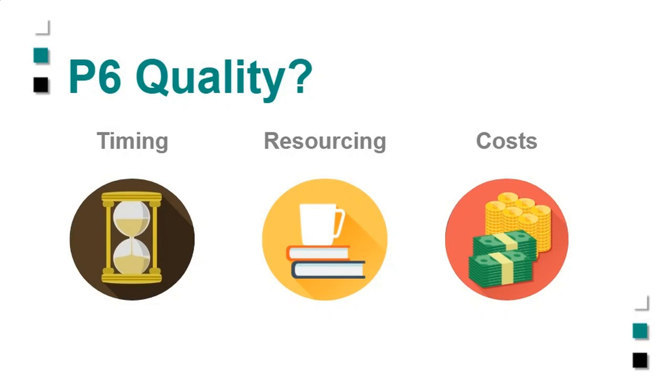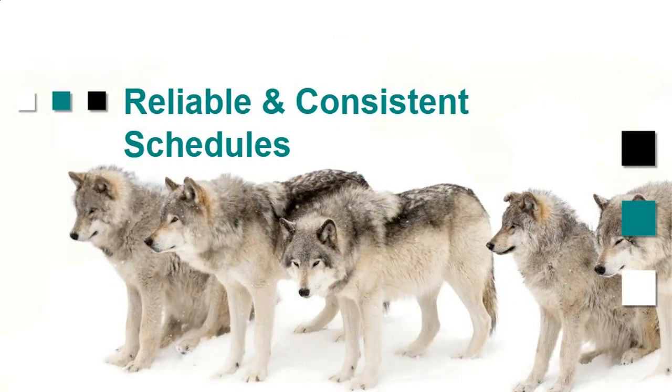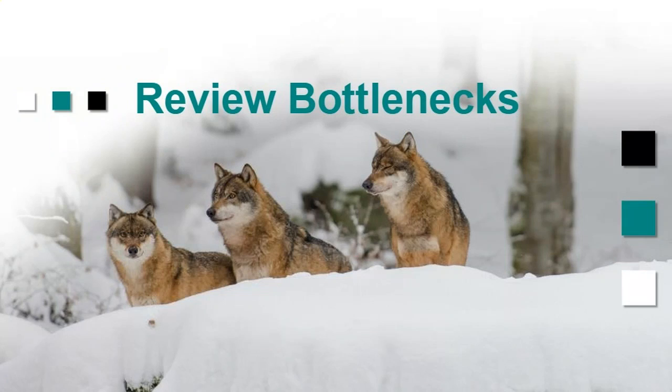But if you want to deal with schedules and have the best outcome, you're looking for reliable and consistent schedules. A good schedule is a schedule that you can use to plan and predict. You're dealing, of course, with time, resources, costs. You need what you're looking at to be reliable, to be consistent. When you go to look for a task, it needs to be there. You need to be able to review bottlenecks.